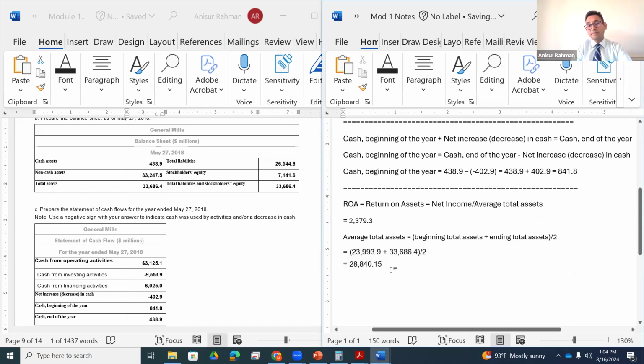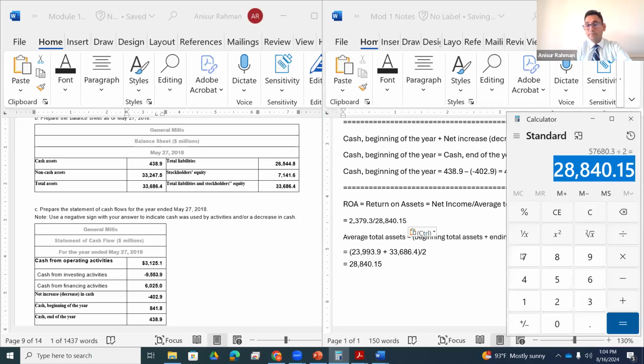Now we can calculate return on assets. Take this number, divide into net income, 2,379.